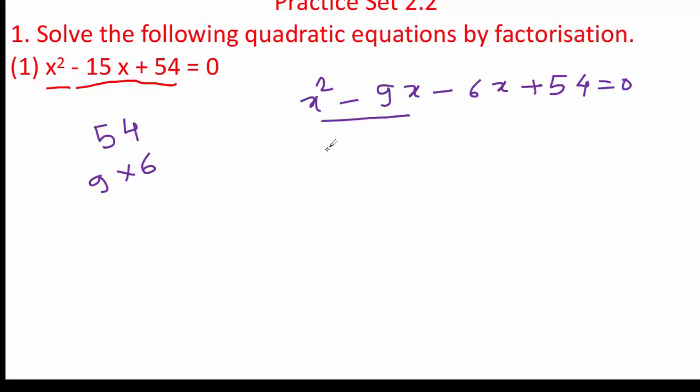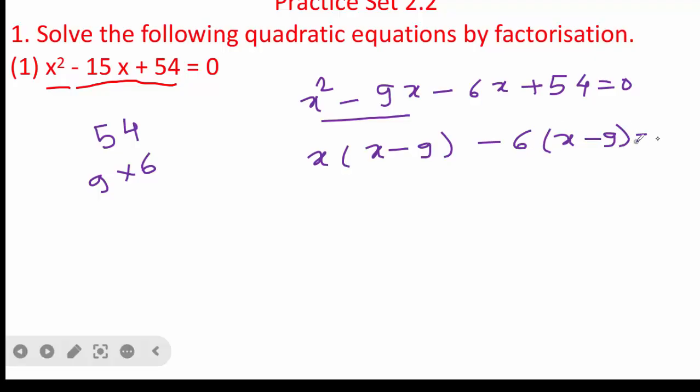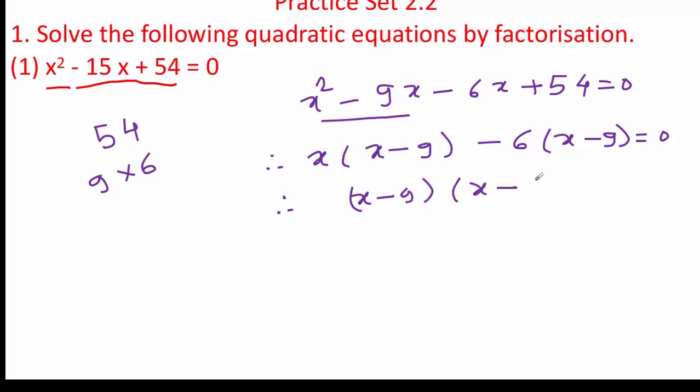From these two terms, x can be taken common. Therefore, x minus 9 will be there. Minus 6 is common. Therefore, x minus 9 is there. x minus 9 can be taken common. And in second bracket, there remains x minus 6.